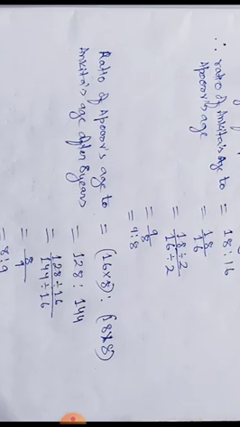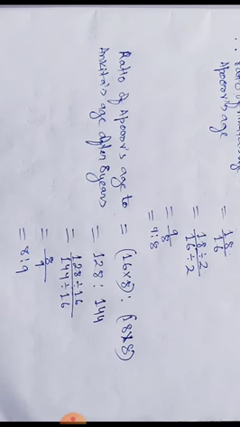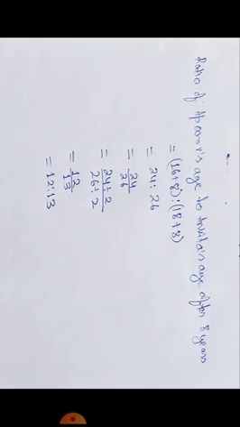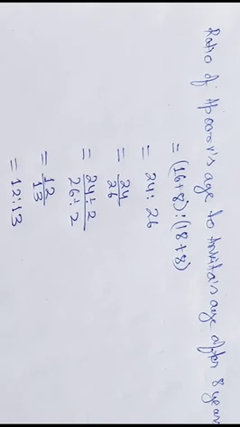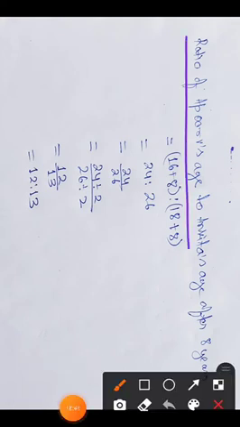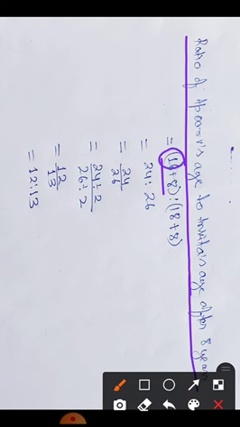Now the second part of this question, okay, this is the second part, avoid that one. Okay, this is the second part. So the second part is ratio of Apurva's age to Ankita's age after 8 years. It is 16 plus 8, because the age of Apurva now is 16.